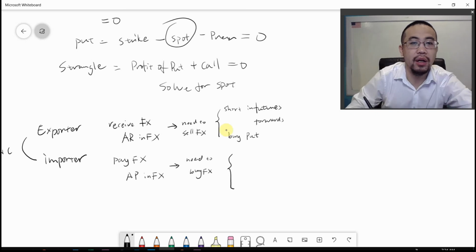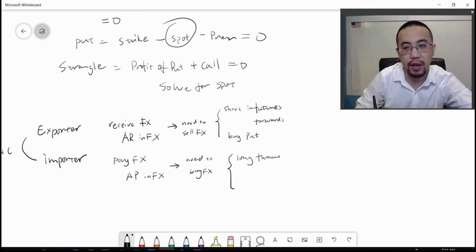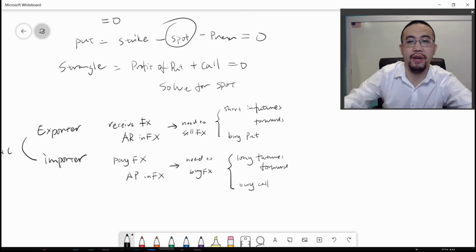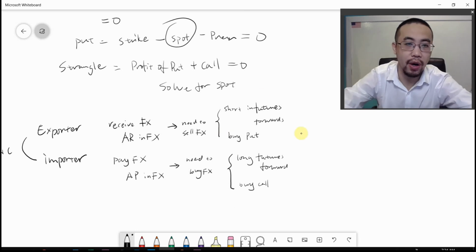If you need to buy, then you will need to take a long position in futures and the forward, and you can also buy a call option, which gives you the right to buy at a fixed rate, so you don't have to worry.